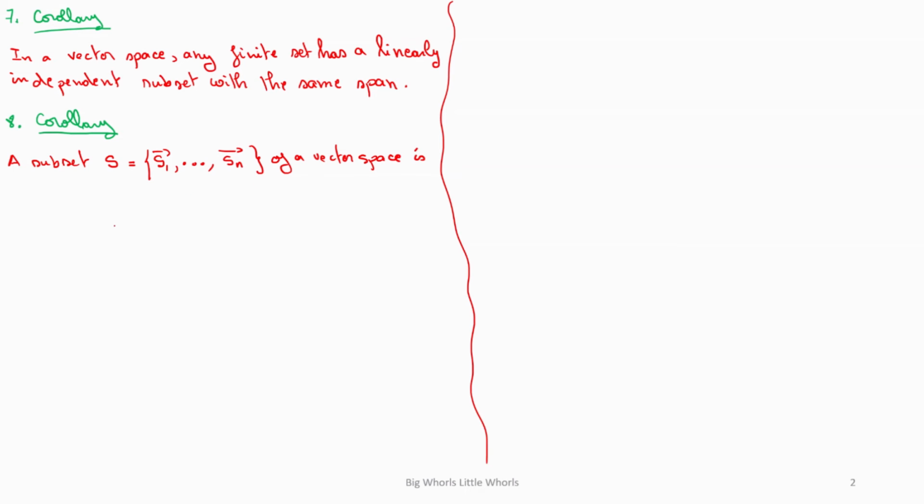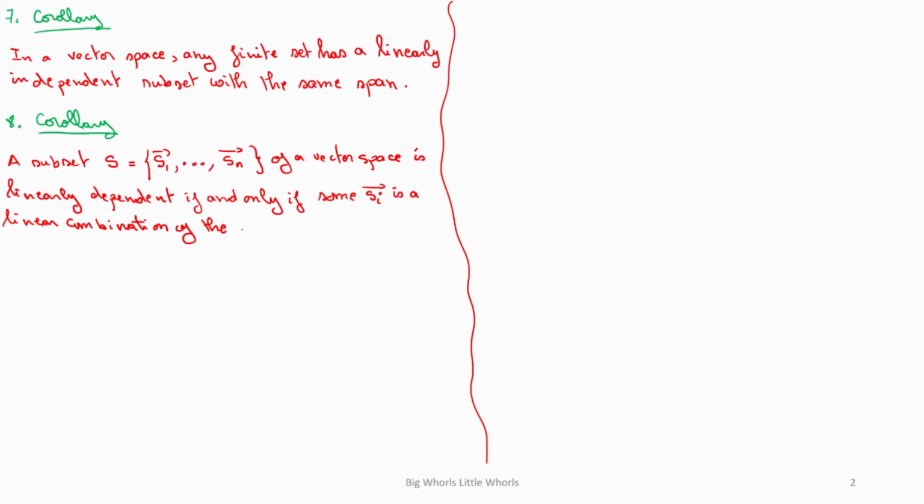Okay, so this set is linearly dependent, the opposite of independent, if and only if some si is a linear combination of the vectors s1 till s(i-1), listed before it.